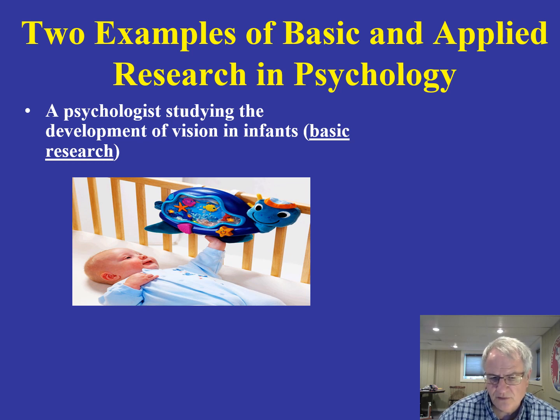Let's say a 2-month-old infant, like what you see here. And you expose them to objects that are of different colors, different shapes, different sizes. And you use what we call gaze time. That is how much time the infant spends actually looking at those objects as a measure of their interest.